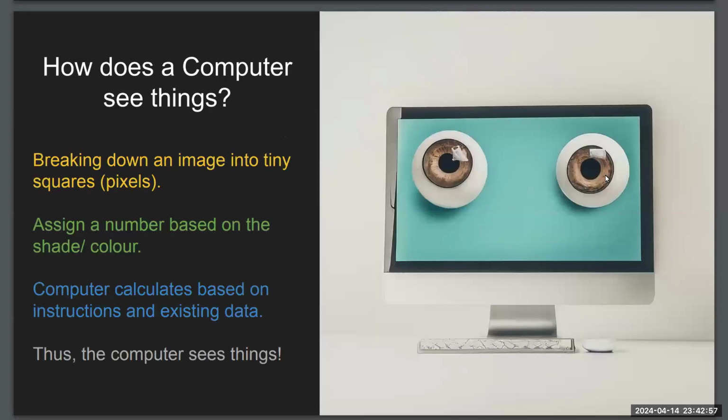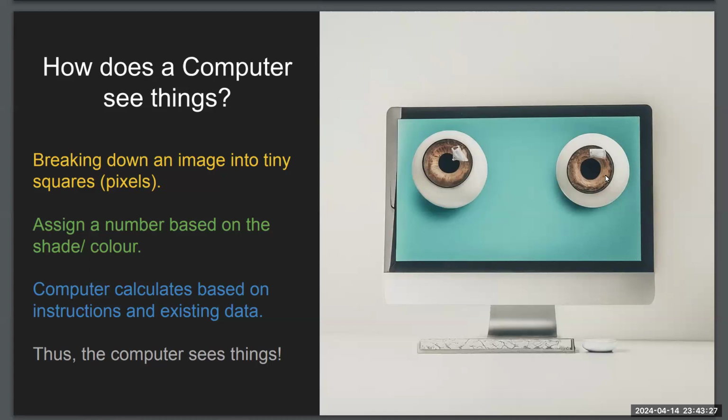So to summarize, how does a computer see things? First, a computer breaks down an image into tiny squares called pixels. Then it assigns a number to each of these pixels based on the shade or color. So shade if it is a grayscale or a monochromatic image, color if it is a colored image.